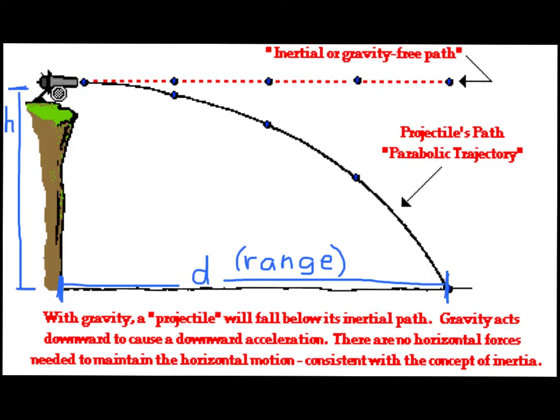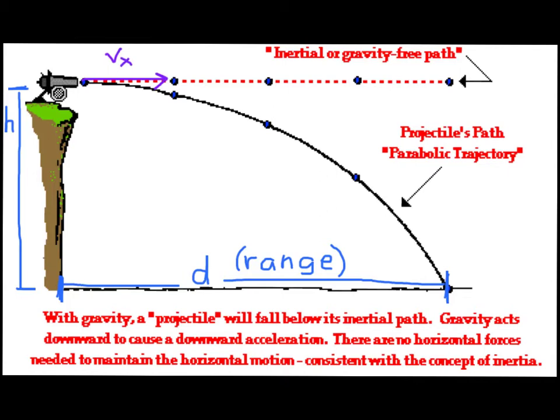The next thing we'll put on here is the velocity in the horizontal direction. And remember that the velocity in the horizontal direction remains constant throughout the flight of the projectile. So we can draw an arrow to symbolize the velocity in the x direction.